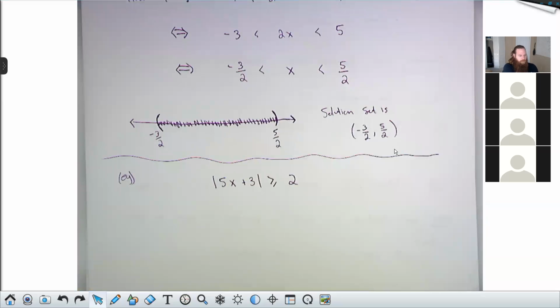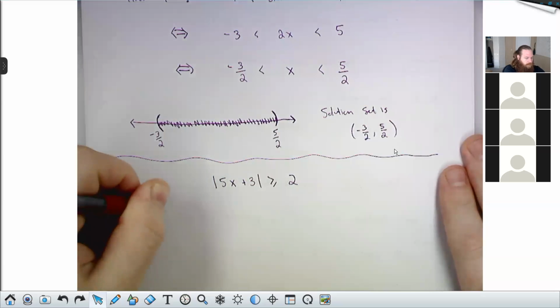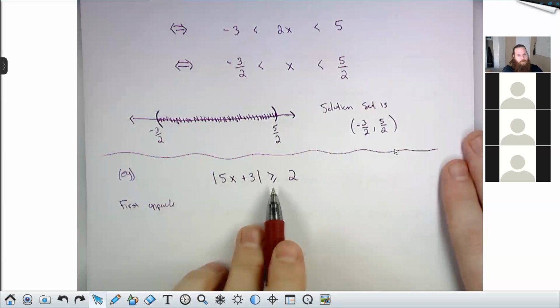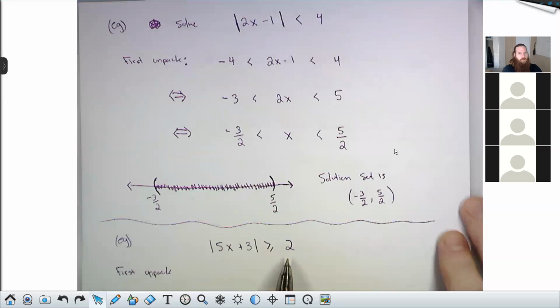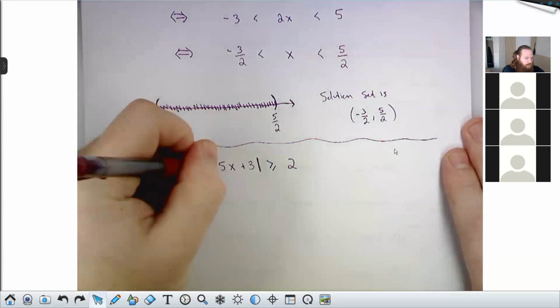My first step here is also going to be to unpack. And since this is an absolute value is greater than constant inequality, rather than absolute value is less than a constant, here I have to use the other unpacking rule.